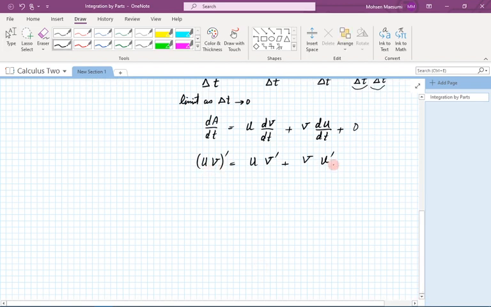Suppose you want to undo these differentiations. What was the opposite operation? The opposite operation is to integrate everybody. So this is uv prime, say we are integrating with respect to some variable dt, is equal to uv prime dt, and this is vu prime dt.